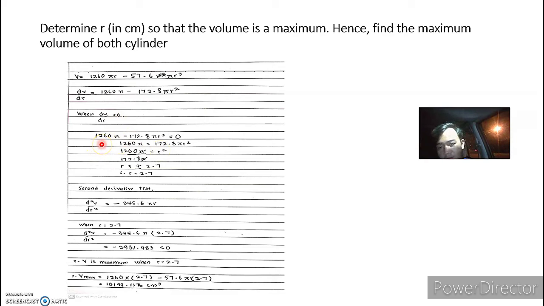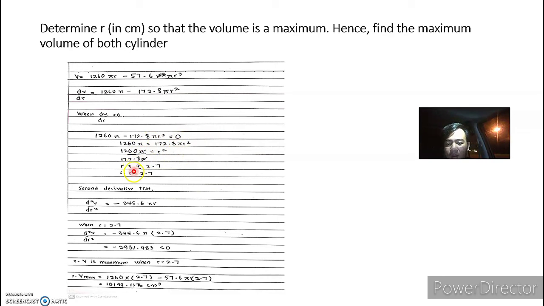1260 pi minus 172.8 pi r square equals 0. Then we move the negative 172.8 pi r square to the right. After that, we leave the r square on the right, and we move the 172.8 pi to the left again.